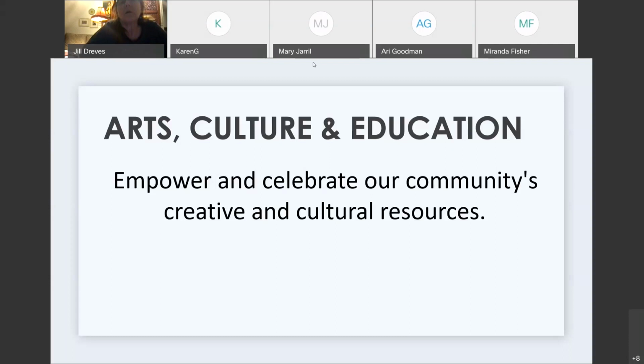I'd like to keep cultural as a modifier for expression as well as creative, but with that, I would think so, yes. Well, maybe empower and celebrate our community's creative and knowledge of cultural and natural resources. Yeah, but then we leave out creative. How about empower and celebrate our community's creative and cultural resources and expression?